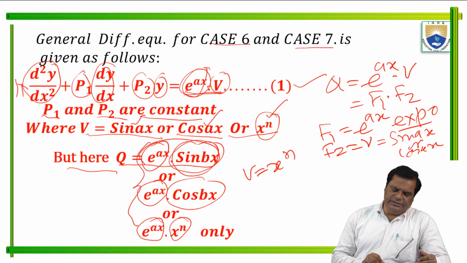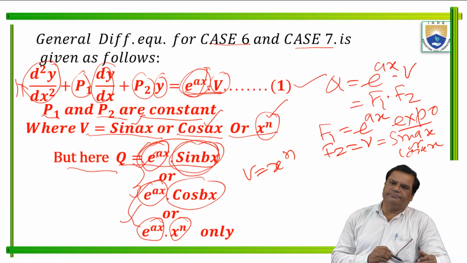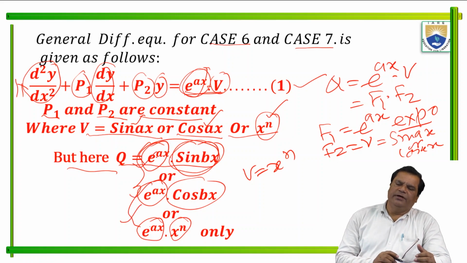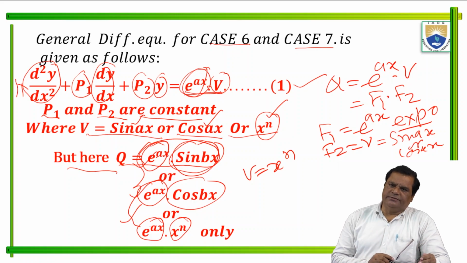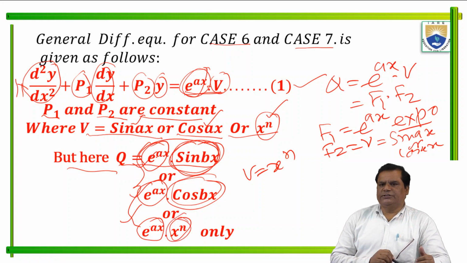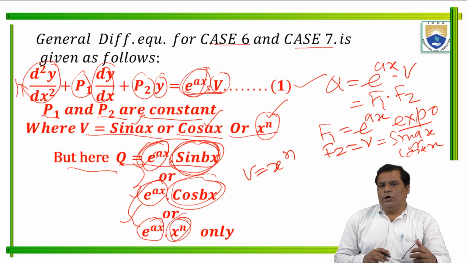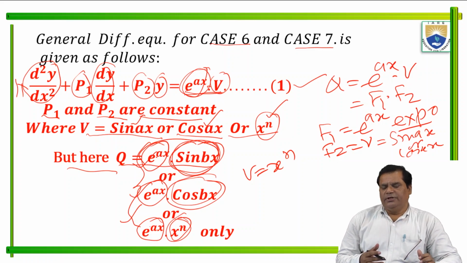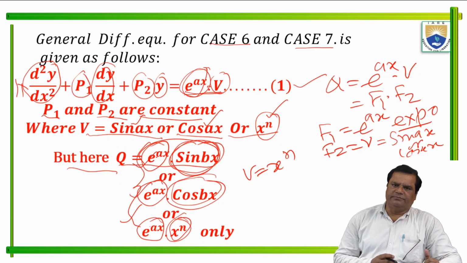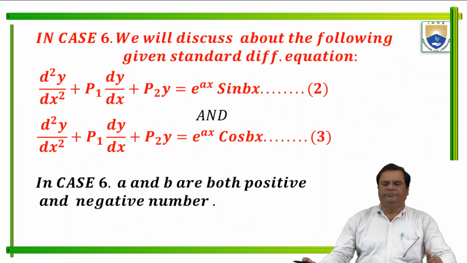In each of the three cases we see that the exponential function is common. In all functions the exponential function e to the power ax is a must in our given question. Next is V. V may be sin bx, V may be cos bx, V may be x to the power n. So how can we solve these if Q is given as this type of function? Here we want to discuss each case one by one.